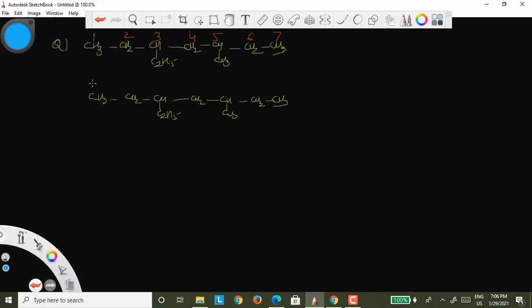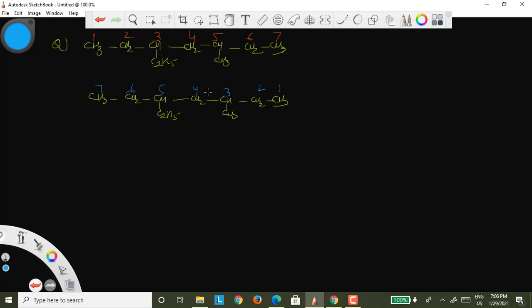Otherwise, from right to left also you can do the numbering 1, 2, 3, 4, 5, 6, 7. Same, so this way 7 is coming and this way also 7 is coming. Both have an equal number of carbon atoms. So which is the longest chain?